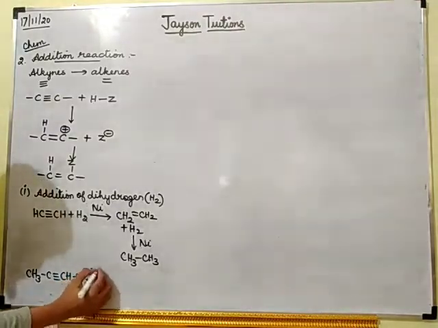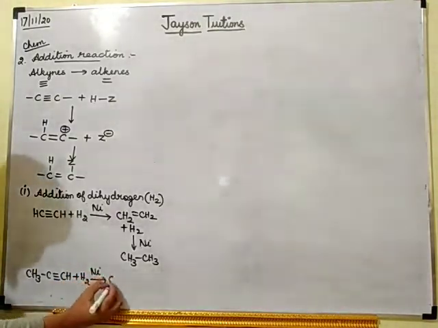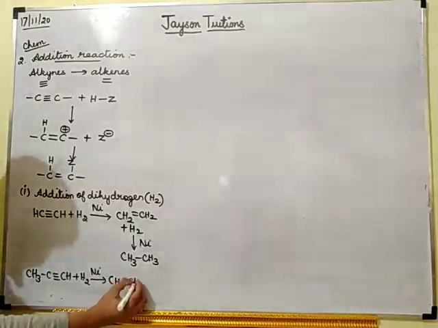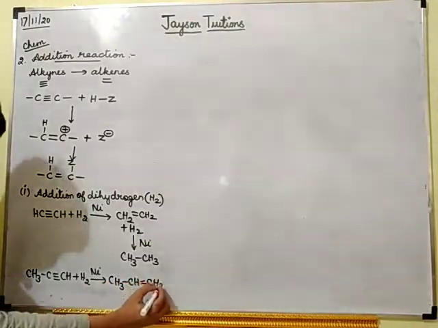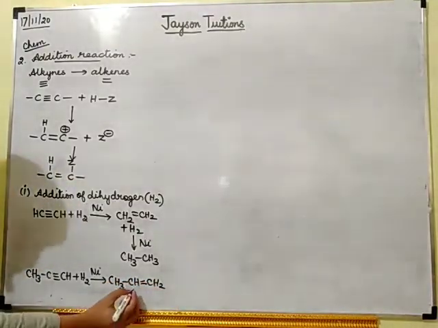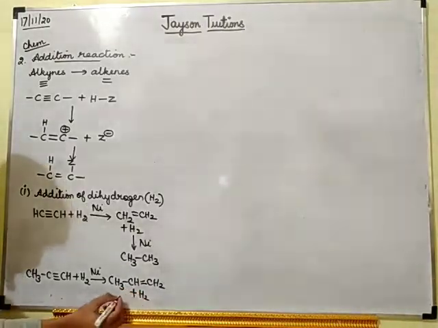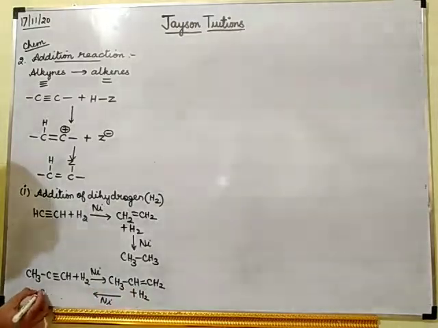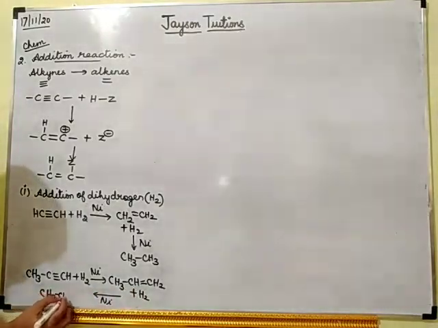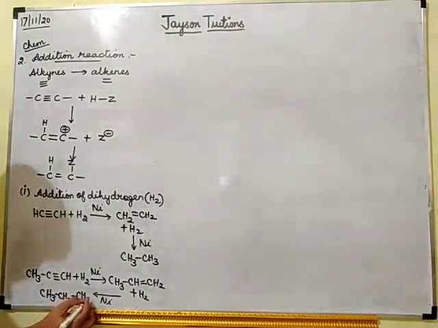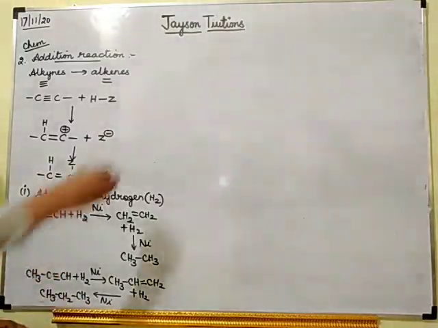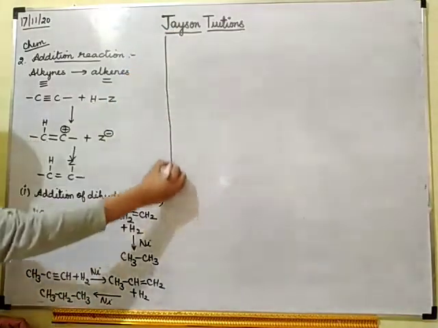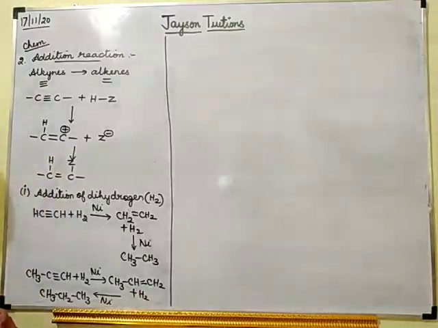If it is propyne, you will get CH3 CH double bond CH2. Again, if you add another hydrogen in the presence of nickel catalyst, you will get CH3 CH2 CH3, propane. So this is the addition of dihydrogen.